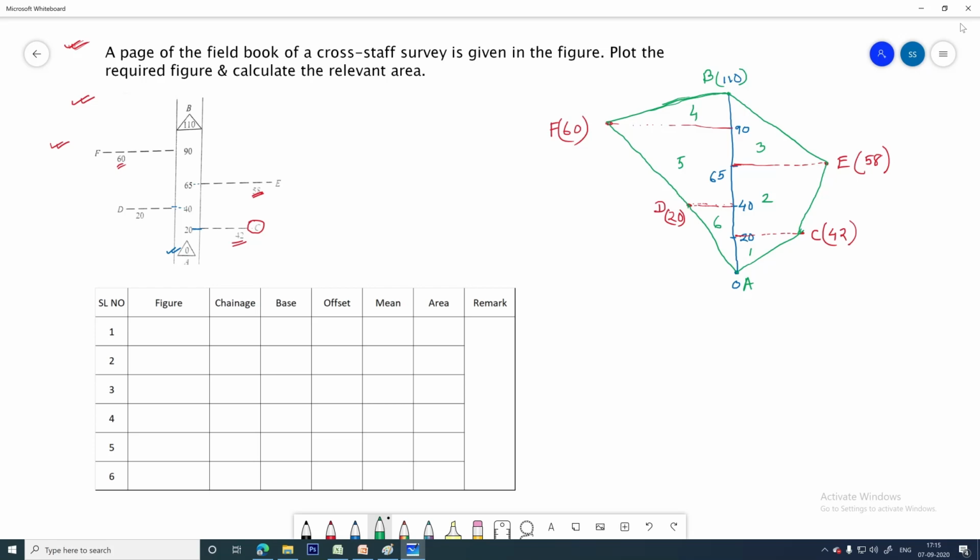Now we have small triangles and trapezium also. Now we will put the data from this plot into this particular table. Firstly, let's consider the triangle AC, and let's give the name G over here.